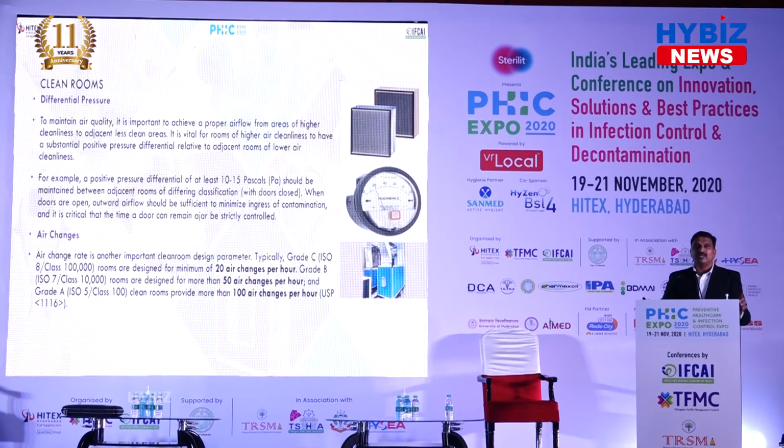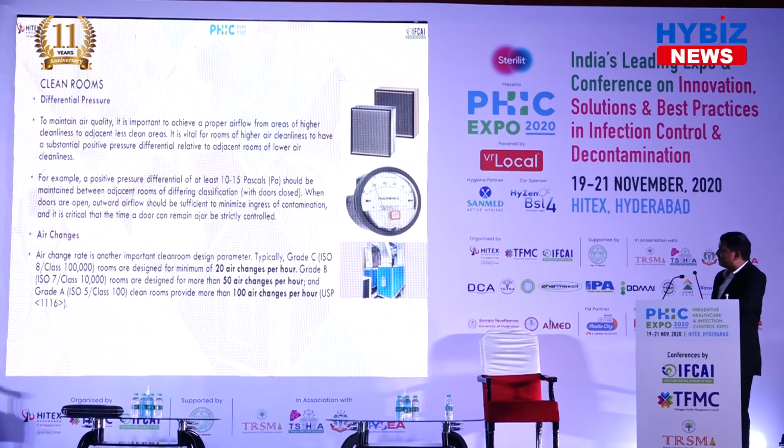For this, during a single hour period, if we take the example of ISO 5, that is grade A, 100 air changes means that in that particular 1 hour, 100 cycles of fresh air are coming from the external environment through a filtered process.